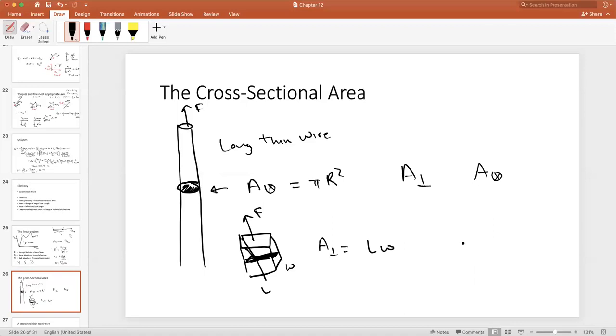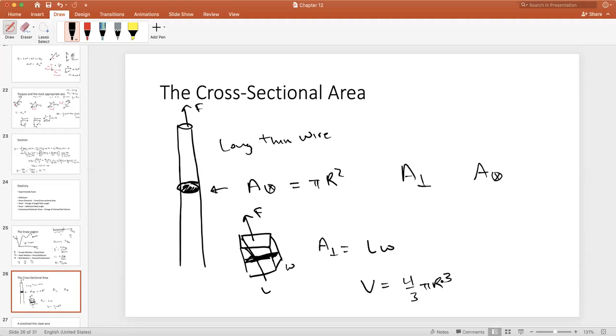And in this class, we'll always use solids that have a well-defined cross-sectional area. You need to remember your geometrical formulas of length and width and pi r squared, but other than that, nothing too tough. Usually the volumes that we're going to be talking about will be 4/3 pi r cubed if necessary.